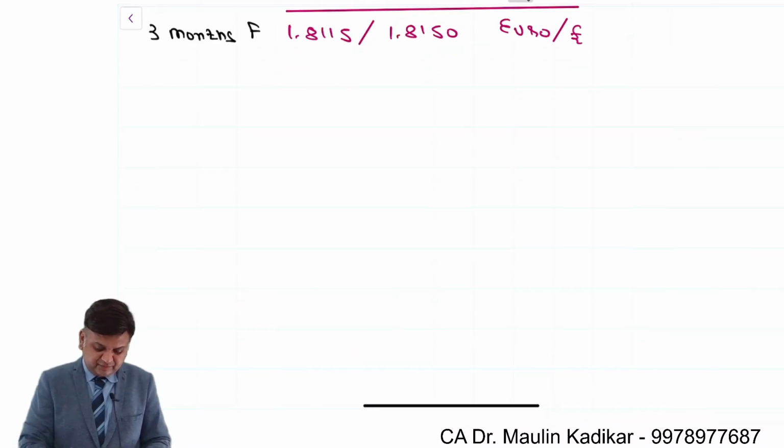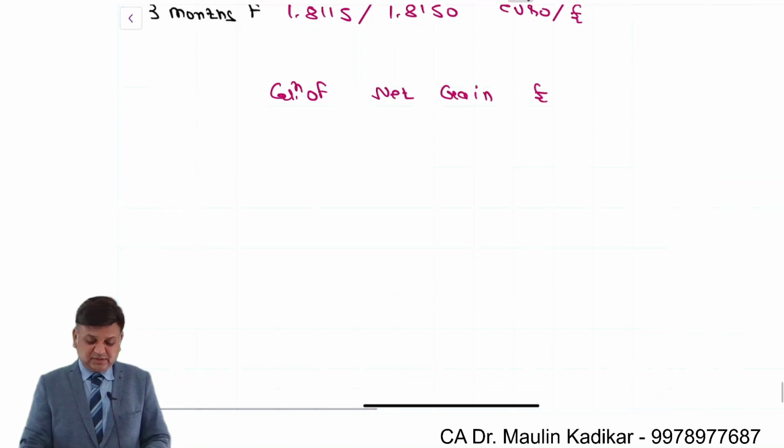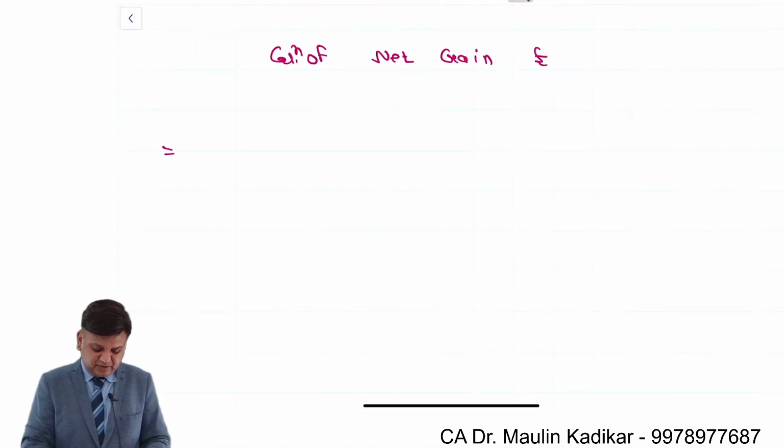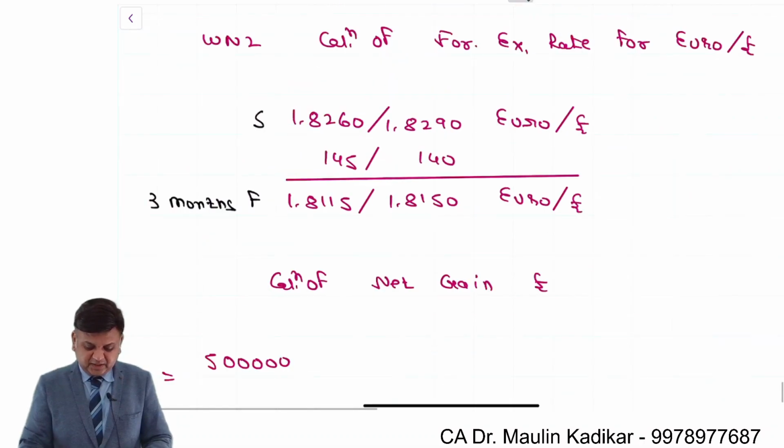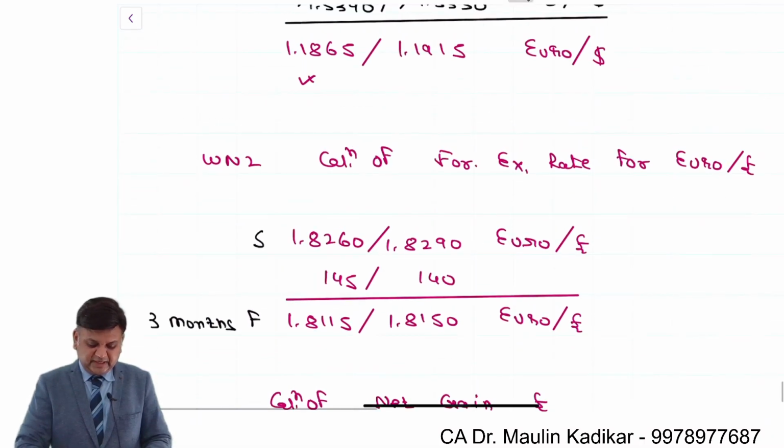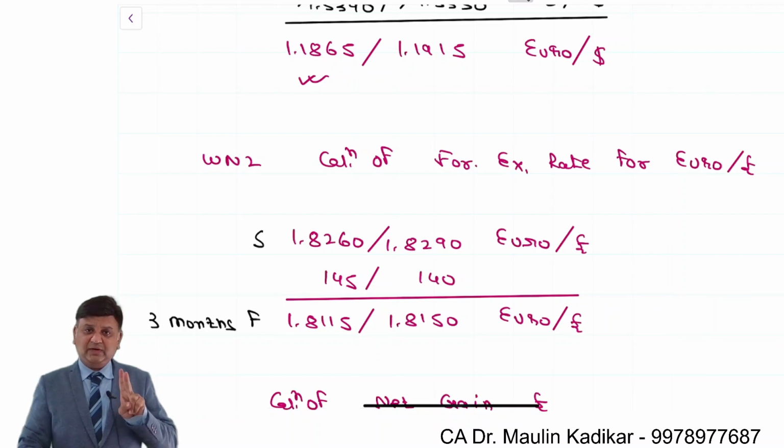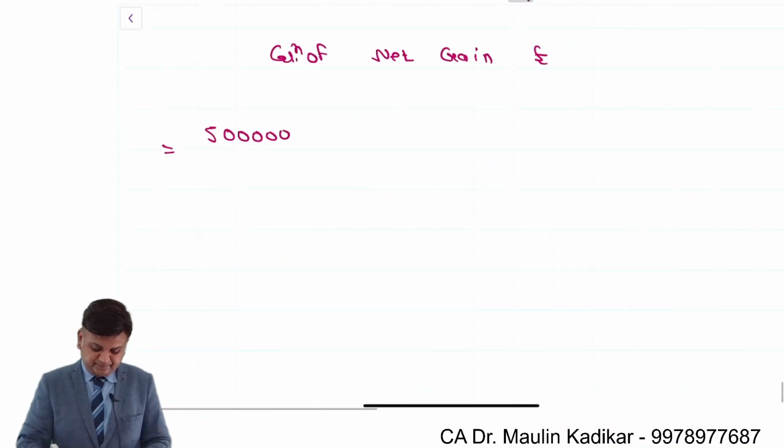Now calculation of net gain. That is, of course, in the pound currency term as per the requirement of the question. You have 5 lakhs of dollar. Conversion of the dollar into euro, you'll get less amount of euro, 1.1865. So into 1.1865.